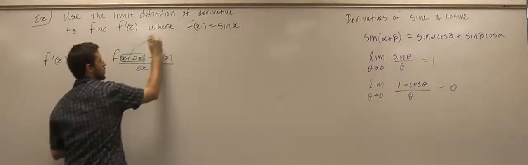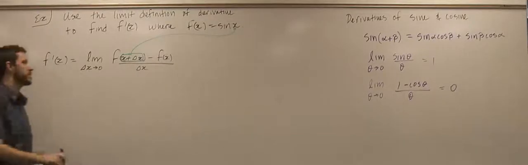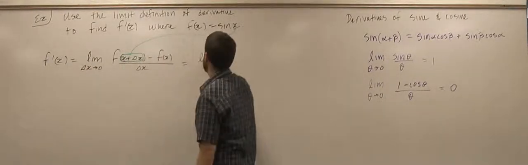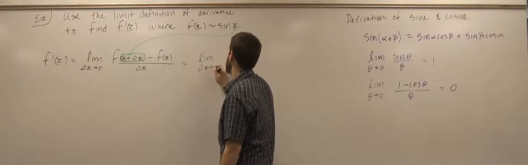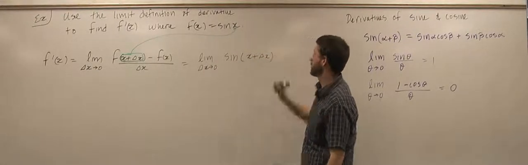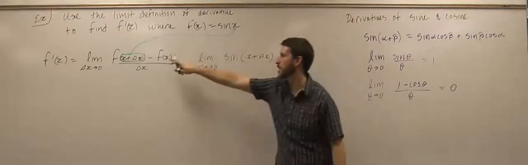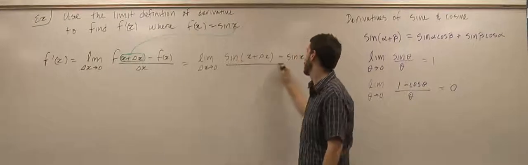Sine. So this becomes limit as delta x goes to 0 of sine of the whole quantity x plus delta x, minus sine of x, because you subtract your function here, over delta x.